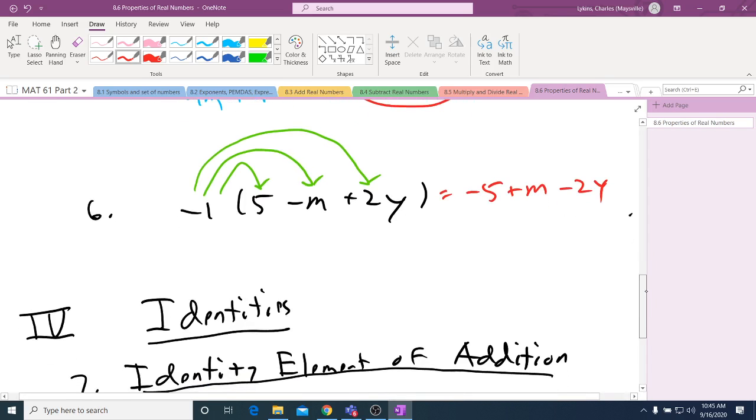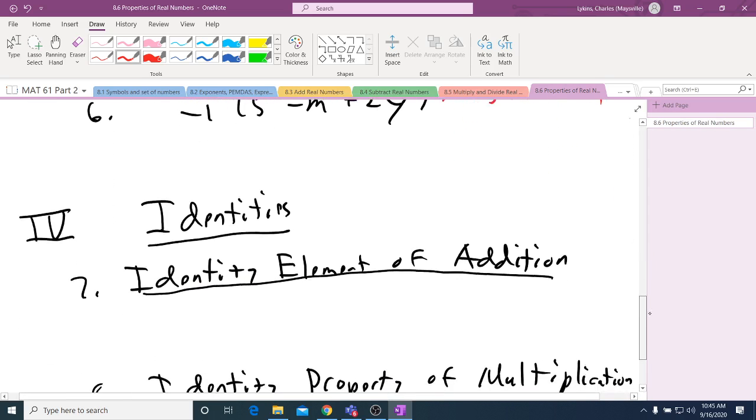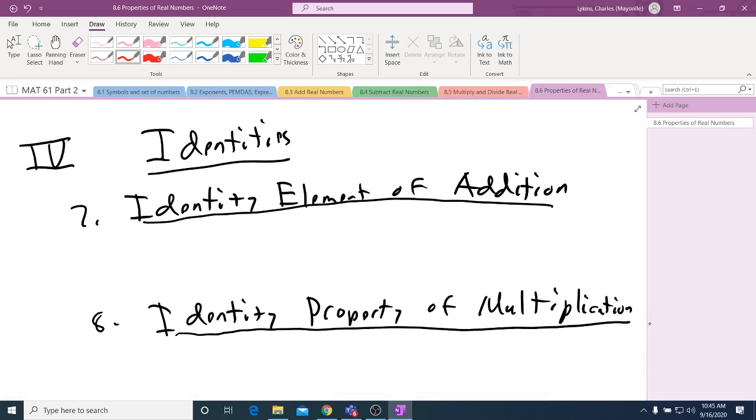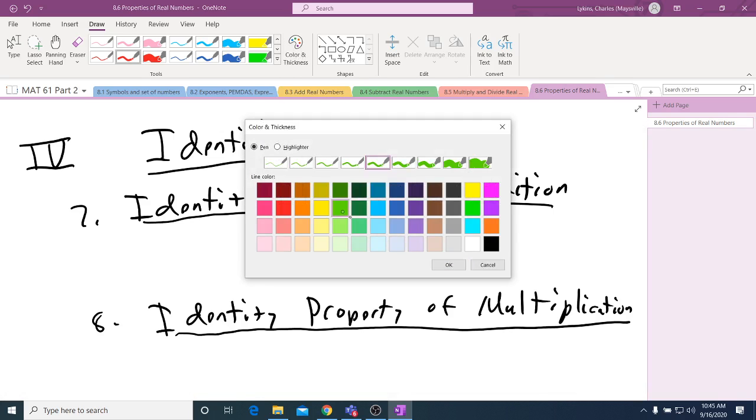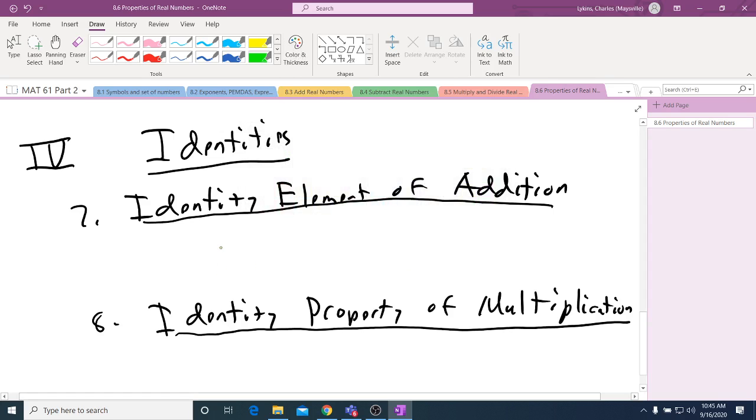Okay, so finally, we've got two identities. Identity element of addition, and we've got an identity property of multiplication. Basically, what these identities mean is if I give you this right here, it's 0 plus 7 is 7, and the identity property of multiplication is what times negative 6 gives me negative 6?